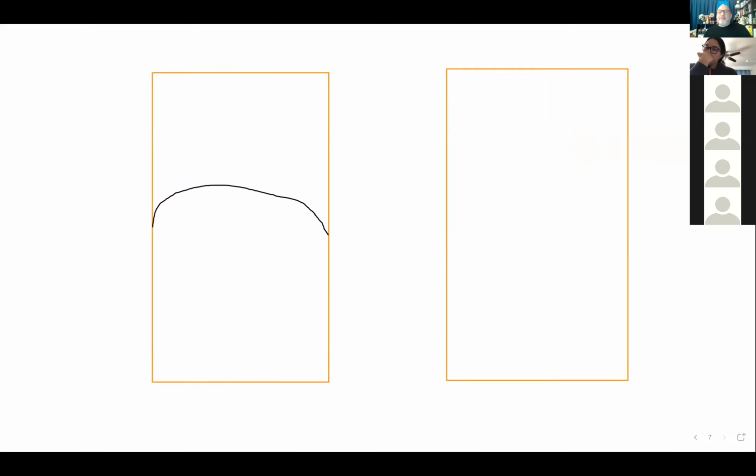Now, what happens to muscles when muscles contract? They shorten. And when a curved muscle gets shorter, what happens to it? Well, it flattens out. You got the right idea.